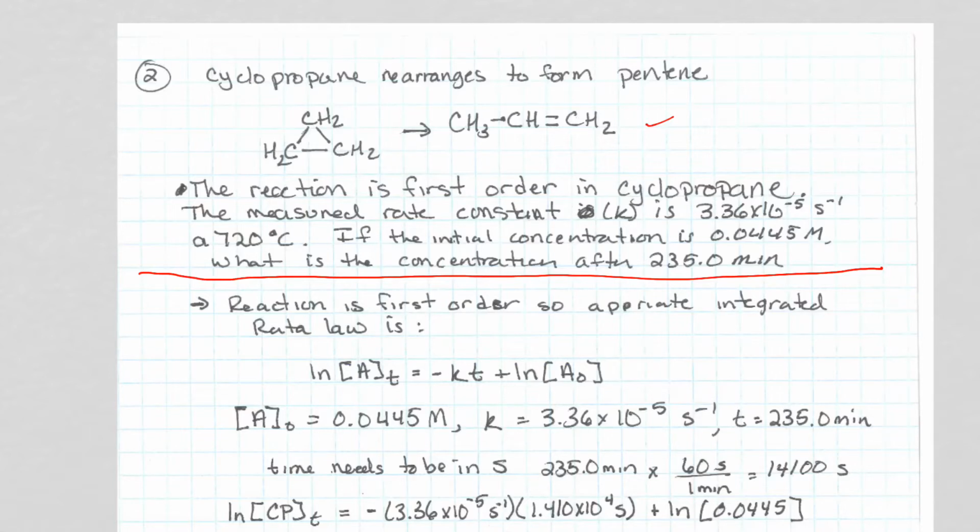Okay, so the first thing is to recognize this as a problem that's going to involve using integrated rate laws. Now, the purpose of using integrated rate laws in a large number of problems is to look at the dependence of concentration over time. A very common problem asks us to figure out how much of a reactant is left after this amount of time, or how much is used up after this amount of time, or if the concentration changes from this to this, how much time did it take.